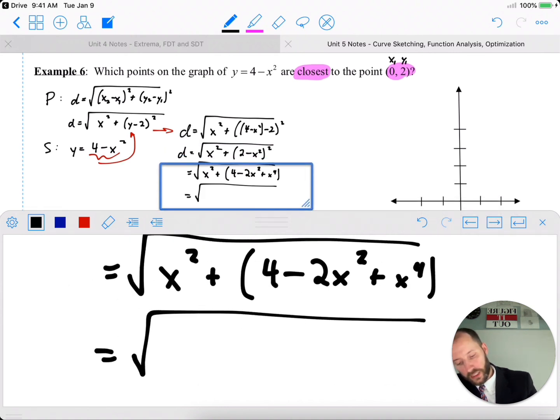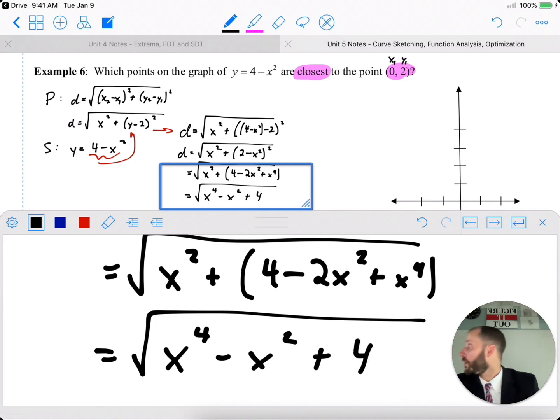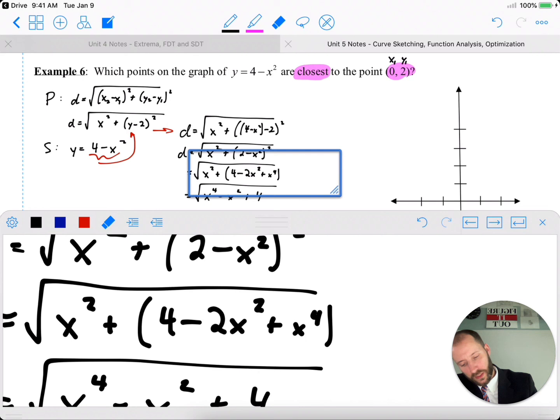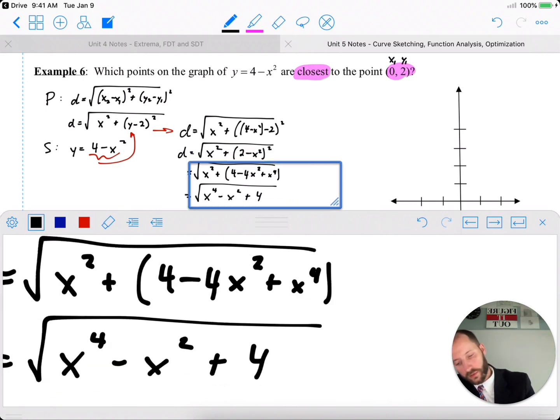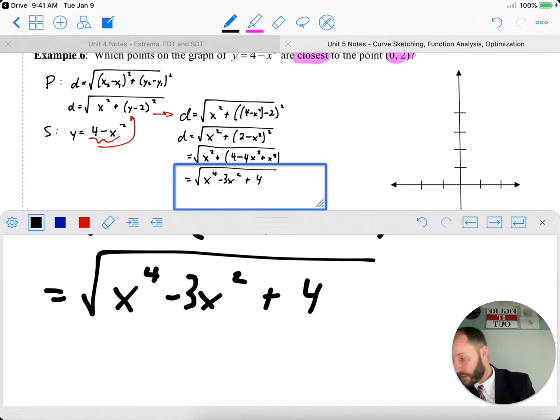Combine like terms: x to the 4th minus x squared plus 4. Oh, I'm sorry, I screwed up. Something seemed wrong. That should be a 4x squared, so minus 3x squared plus 4.